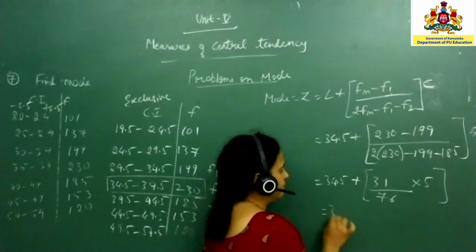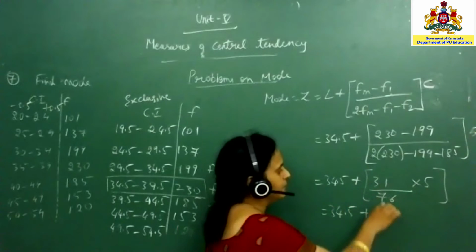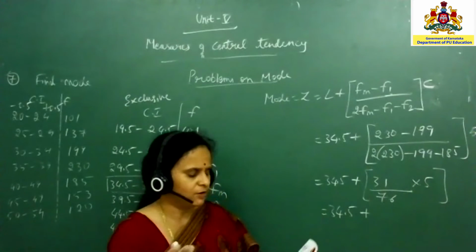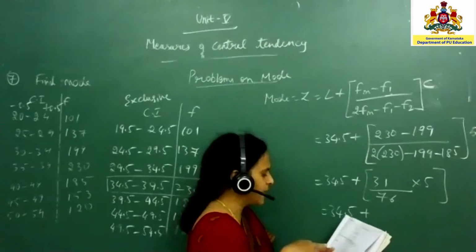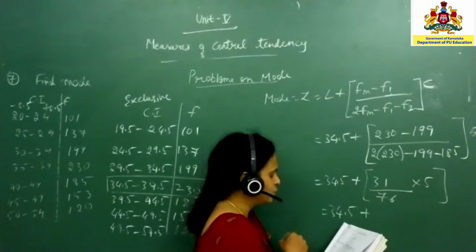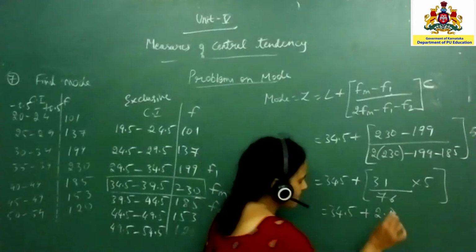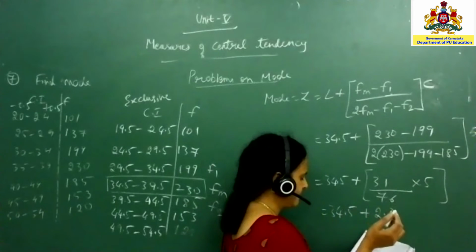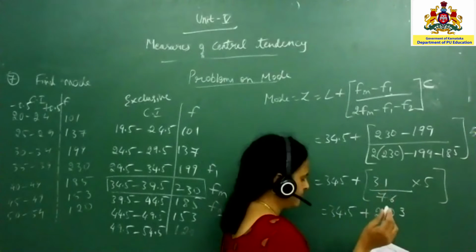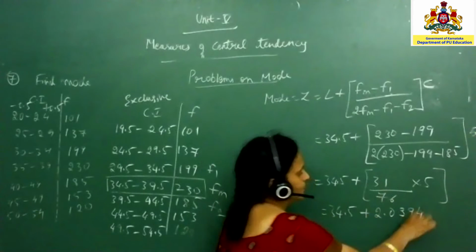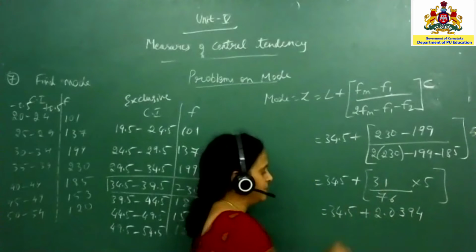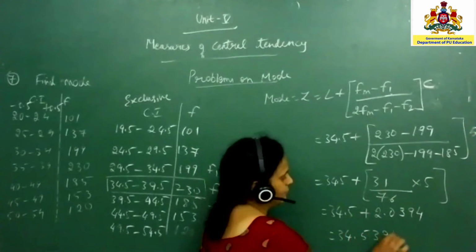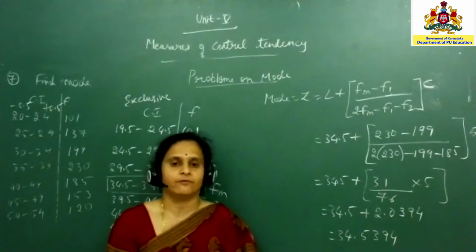Next, I simplify the second part: 31 by 76 into 5, or 31 into 5 divided by 76. So the answer here is 2.0394. Next I add these two, and you get 34.5394. So this is the way to find the mode.